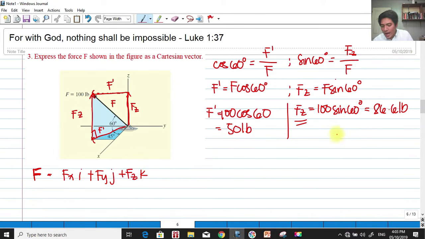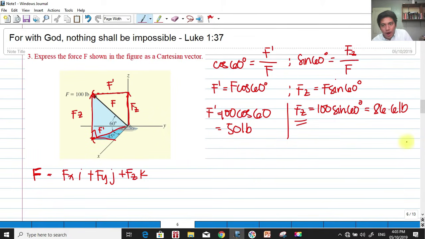We already have the F of z here. Of course, this is F prime, and we're going to resolve this F prime in terms of x and in terms of y. So what will happen?